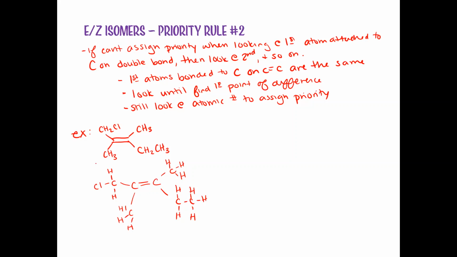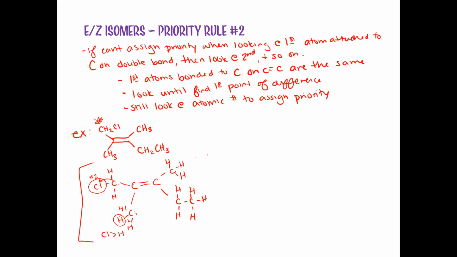So if we look on this side, our atom directly bonded to the double bond is carbon right here and carbon over here. They're the same, so now we go on to the second atom. We go across the line. Our second atom is chlorine, so we're comparing chlorine to hydrogen. Chlorine has a higher atomic number than hydrogen, so this is higher priority.